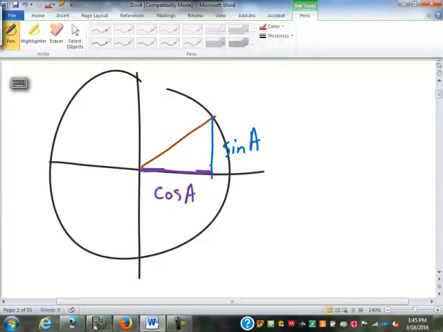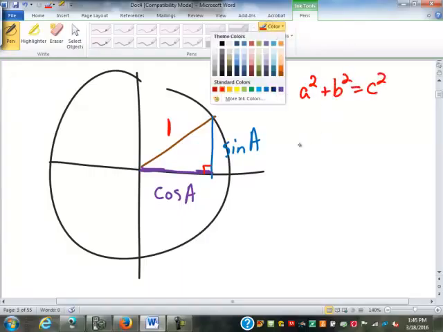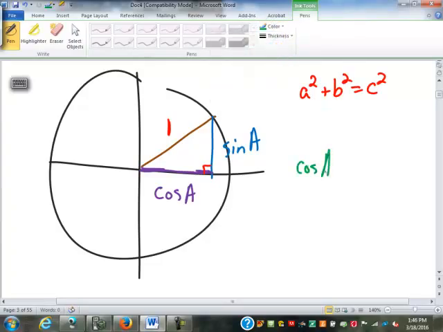Since this is a right triangle, and we know the hypotenuse equals 1 because the radius of the circle is 1, we have the Pythagorean rule, a squared plus b squared equals c squared. So what that means is cosine of angle A squared plus sine of angle A squared has to equal 1 squared, or just 1.